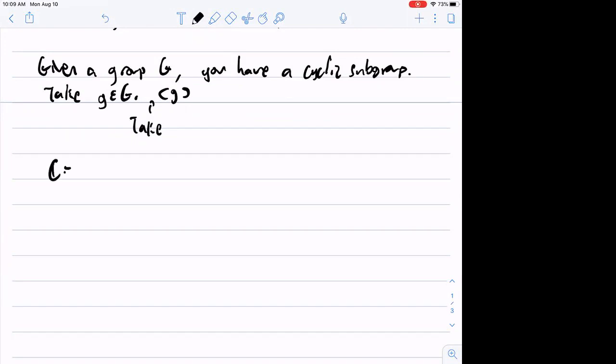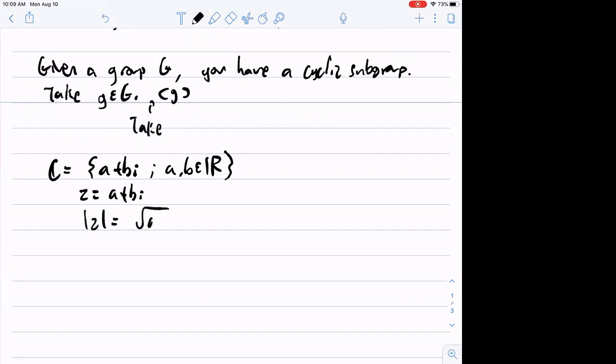So complex numbers are the set of a plus bi, where a and b are in R. Hopefully this is all review. And if z is a plus bi, the absolute value of z is the square root of a squared plus b squared, right?